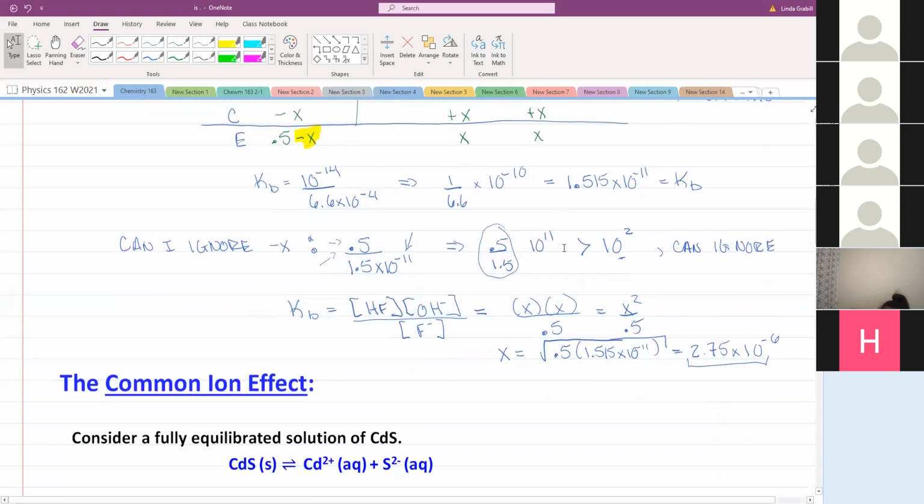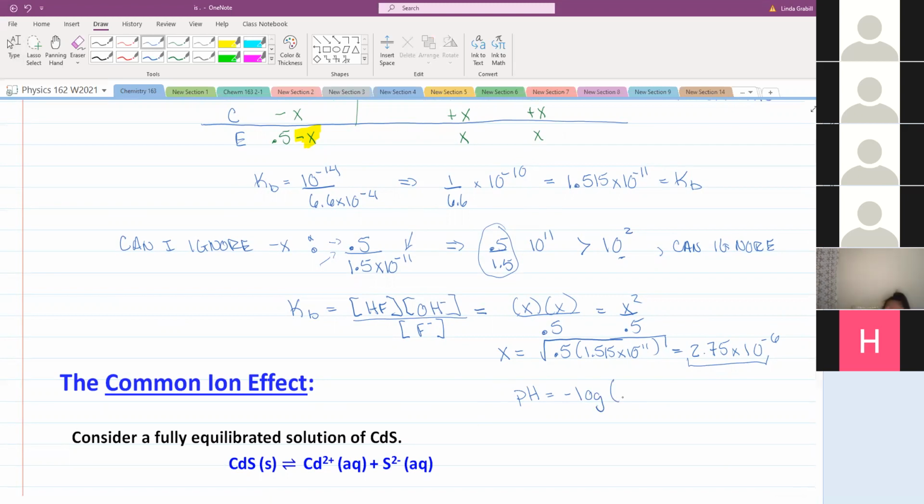So for my pH, can I use my hydroxide concentration? Remember, pH equals the negative log of what? Of the concentration of the acid.